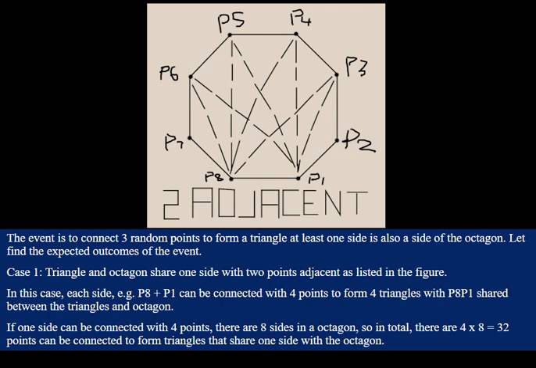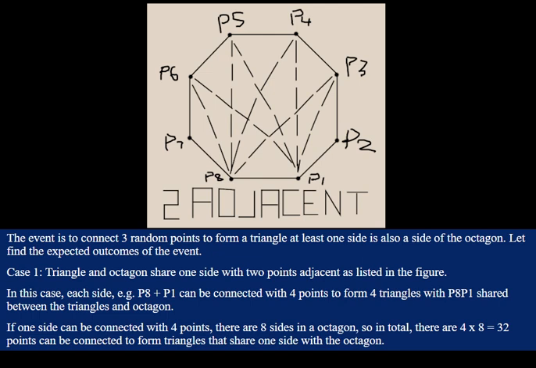So for case 1, the triangle and the octagon should share one side with 2 points adjacent as listed in the 2 adjacent points diagram. In this case, each side, for example, point 8 and point 1, can be connected with 4 potential points which can form 4 potential triangles with point 8 and point 1 shared between the triangles and the octagon.